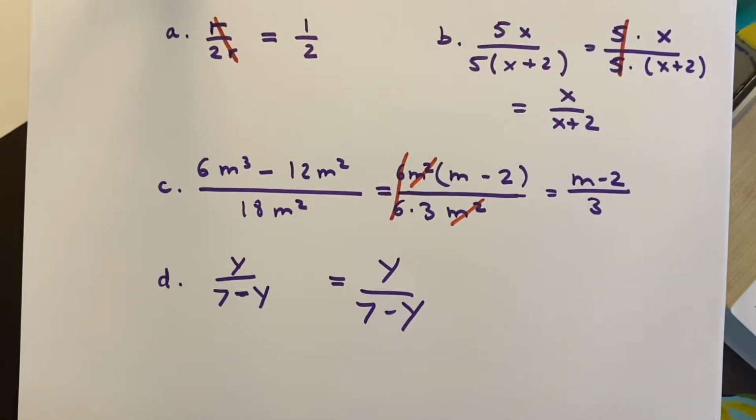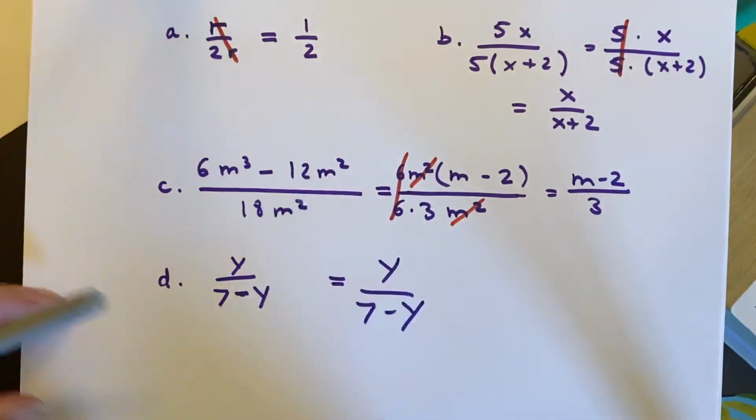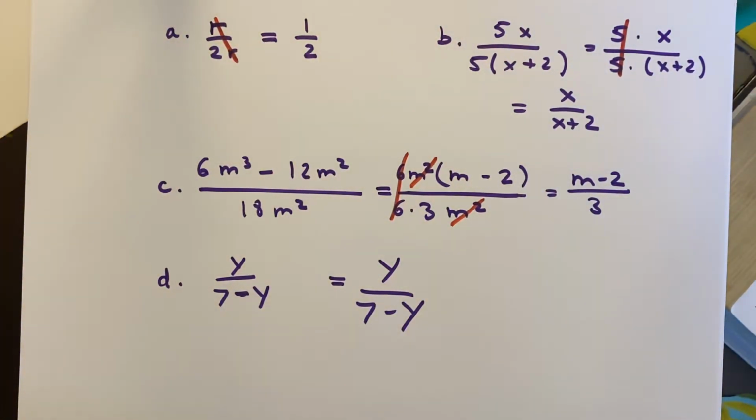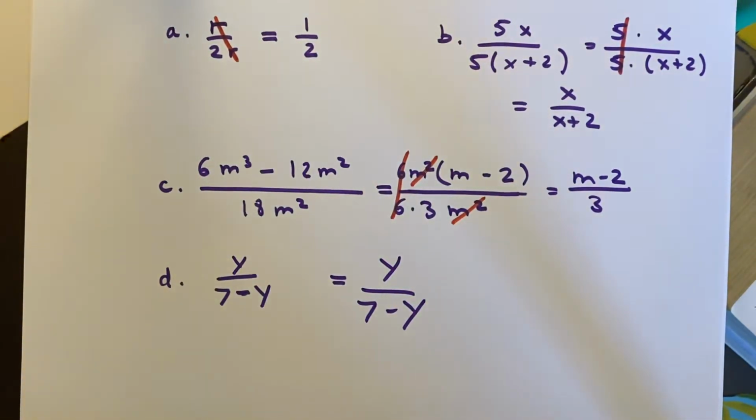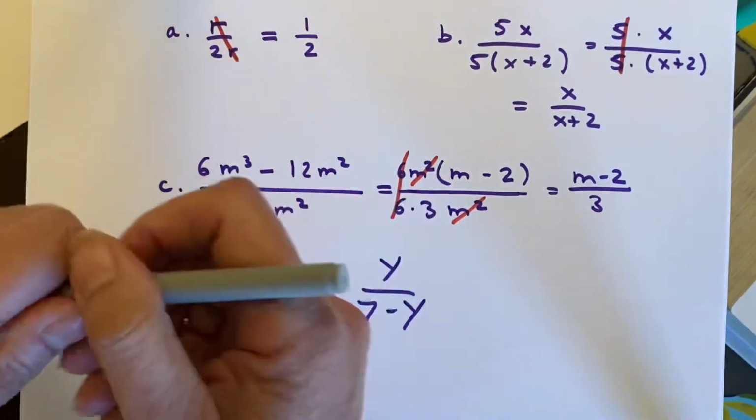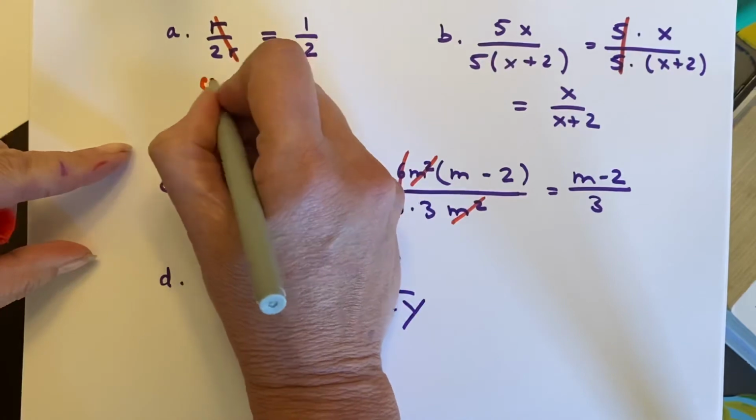One of the things that I should go back and look at, and I forgot to do, is my excluded values. I've gone through A, B, C, and D, but I have not given the excluded values. So let me go back and do that. For the first one, what is my excluded value for A?